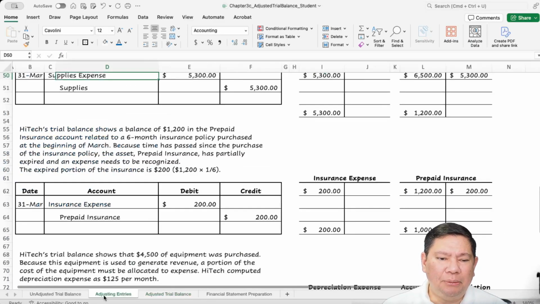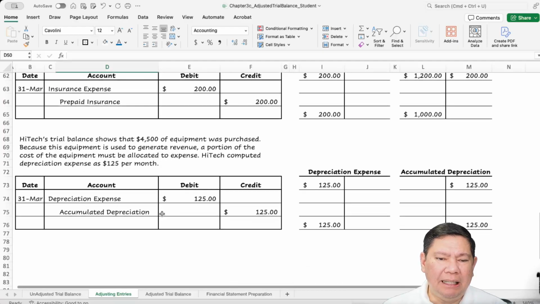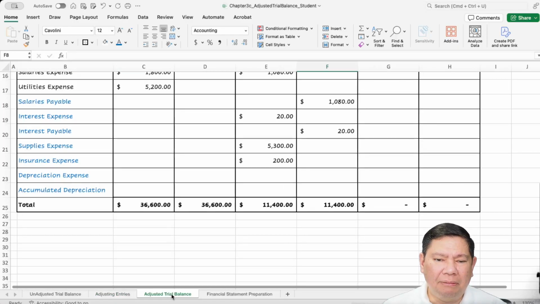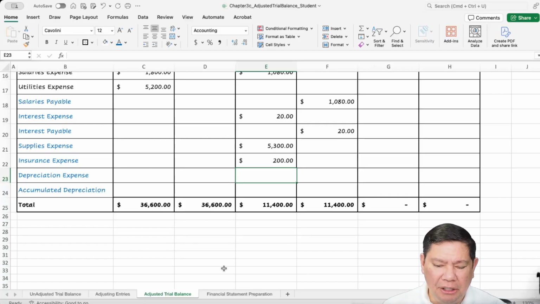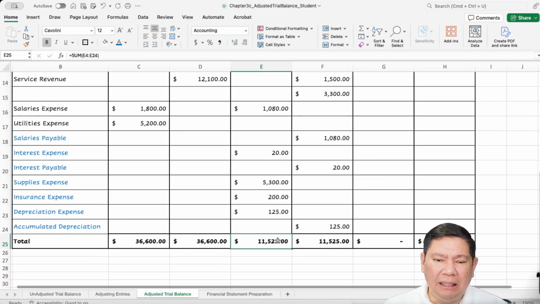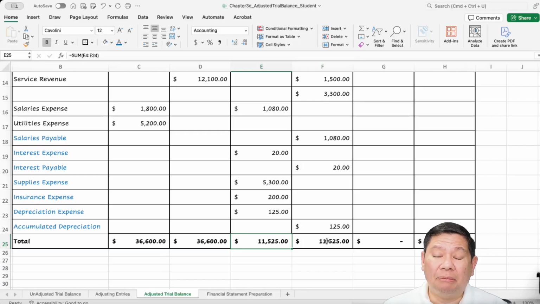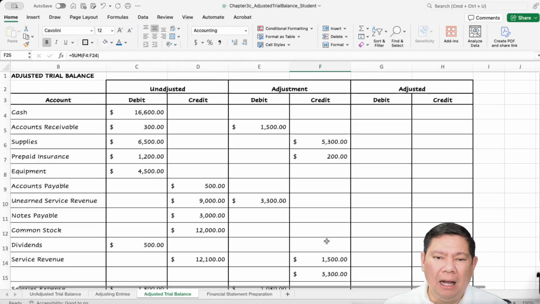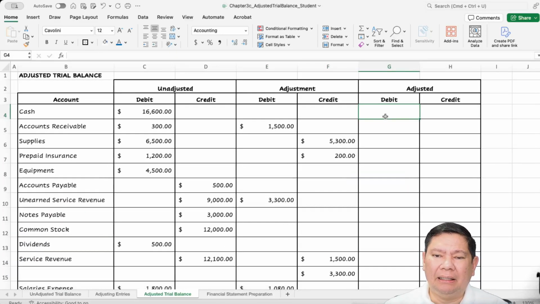And the last one, depreciation expense, 125. That's new. And accumulated depreciation, 125. That's new. So you see that the total amount of the two columns, they have to be identical. So now we can prepare the adjusted trial balance.